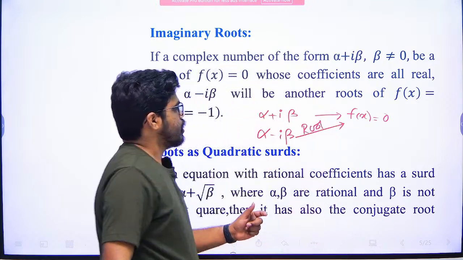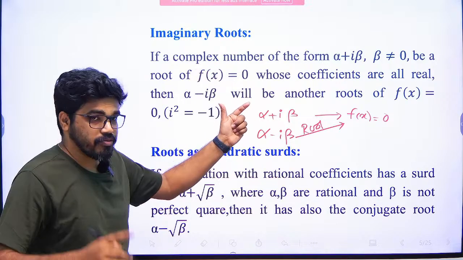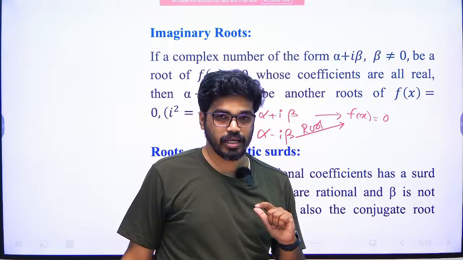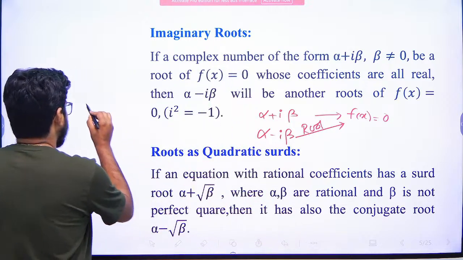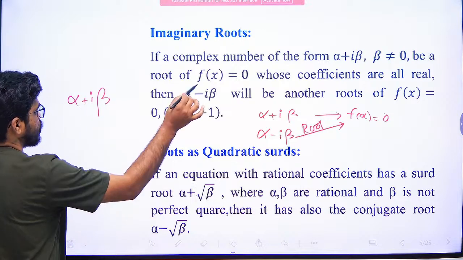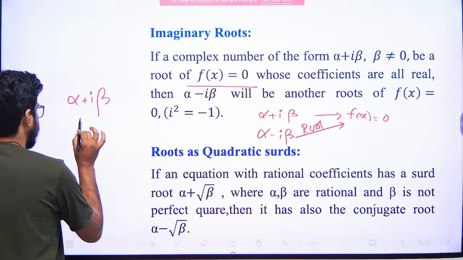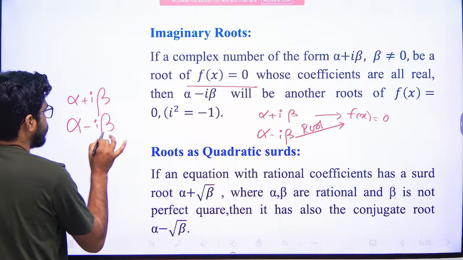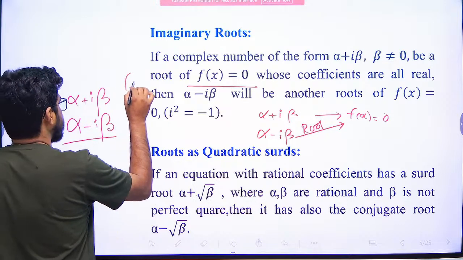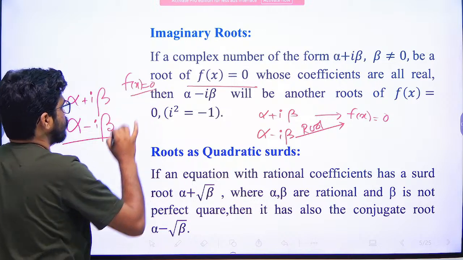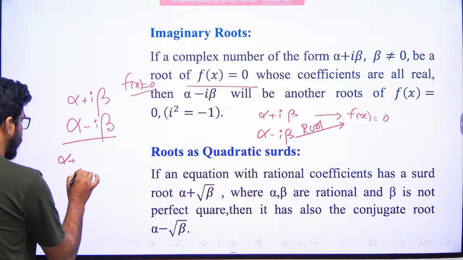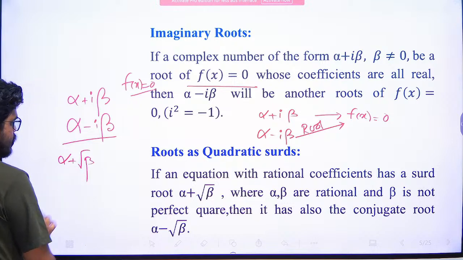So the statement is: if alpha plus i beta is a root of the equation f(x) is equal to 0, then alpha minus i beta will be another root of the equation f(x) is equal to 0.